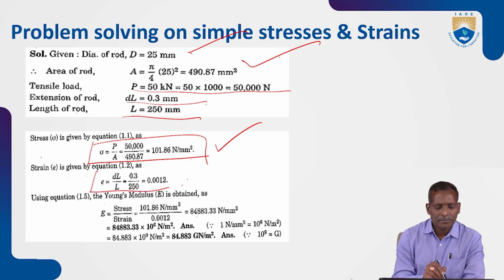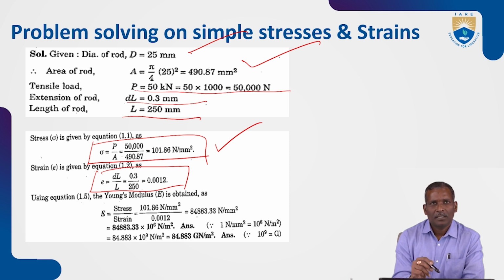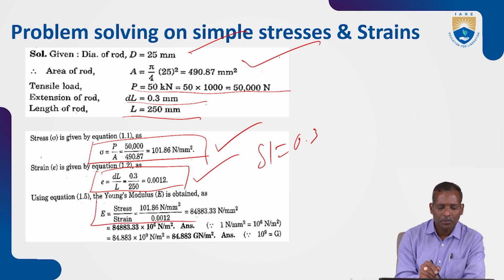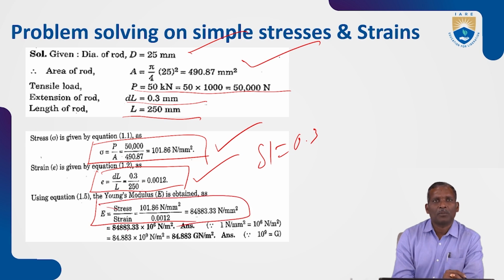The strain is delta L by L, so that is 0.3 by 250. Already given delta L, 0.3 mm. So now Young's modulus is obtained. E is equal to stress upon strain.